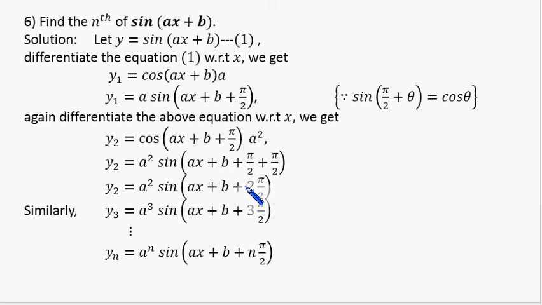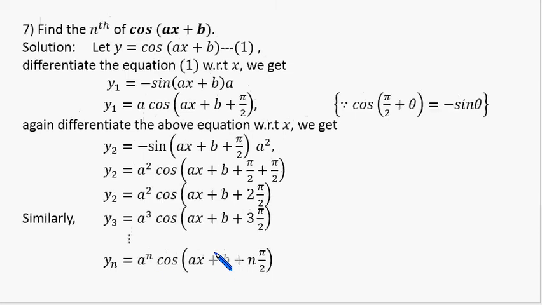So that is 2 into pi by 2, that is a square into sine of ax plus b plus 2 into pi by 2. Similarly, the third order derivative is a cube into sine of ax plus b plus 3 pi by 2. So more generally, the nth order derivative of sine of ax plus b is a power n into sine of ax plus b plus n into pi by 2.